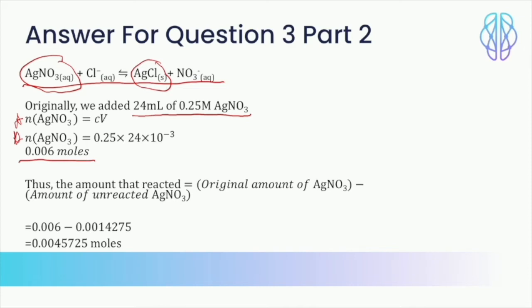From the last slide, I know how much silver nitrate was left unreacted after some had reacted with the chloride. Thus, the amount that reacted with the chloride is that original amount that I added in excess, 0.006 moles, minus the amount that remained unreacted that I found using the titration, from the previous slide, 0.0014275 moles.